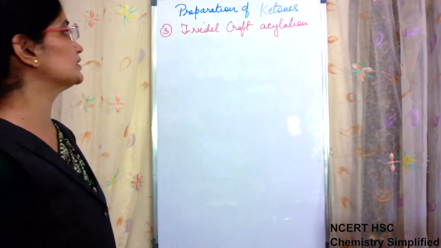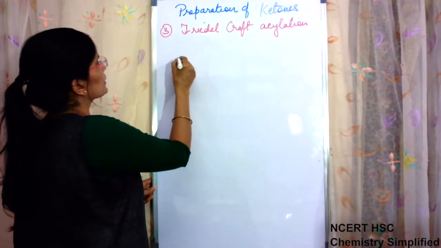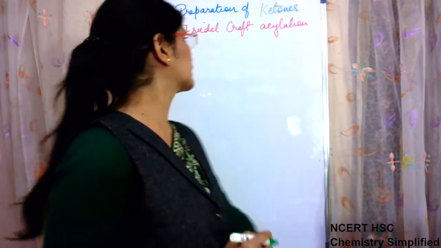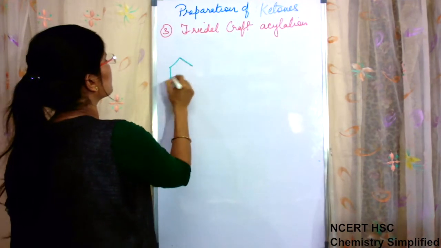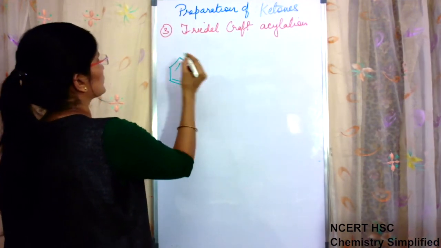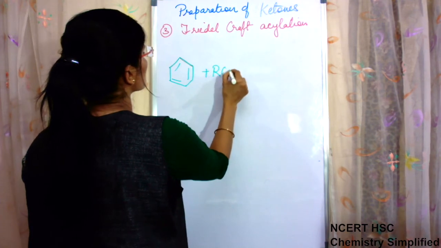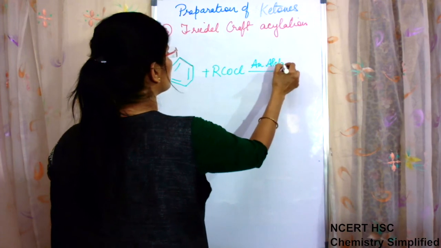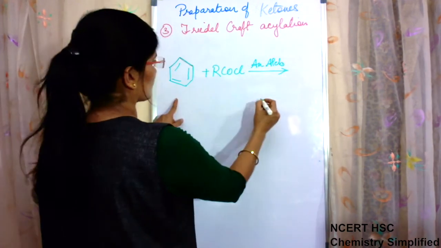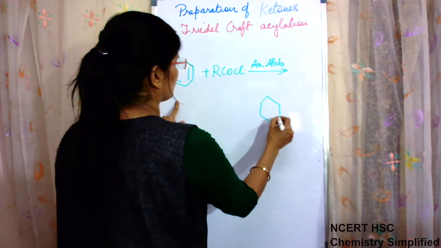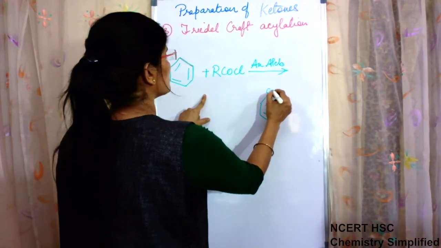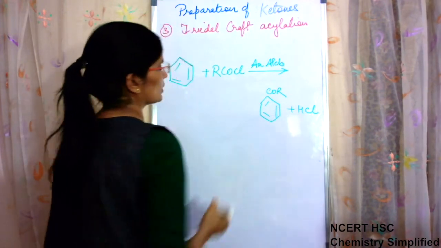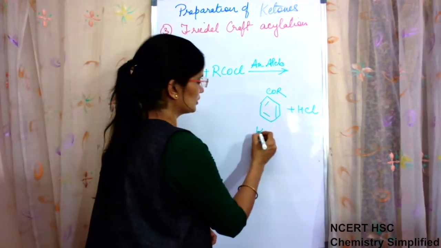In Friedel-Crafts acylation, if benzene is acylated using RCOCl in presence of anhydrous AlCl3, then as a product a COR group is introduced and HCl as byproduct is formed, and this is a ketone.